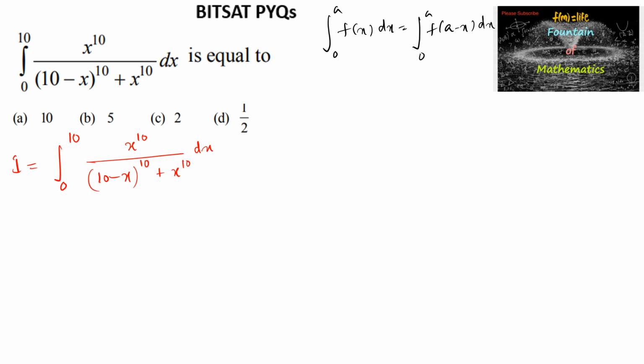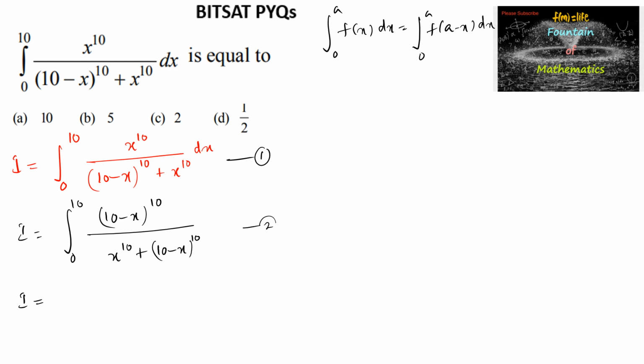So here we can write integral 0 to 10, (10 minus x) power 10 divided by (10 minus x) will become x power 10, and here again (10 minus x) whole power 10. So I is equal to, let us take it as one equation. This is 1 and this is 2.